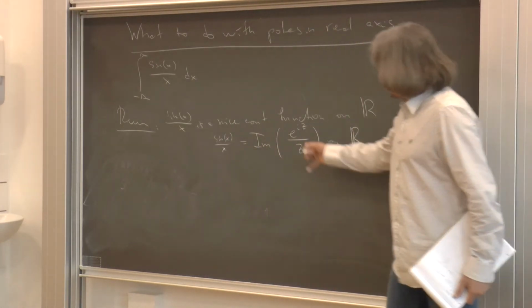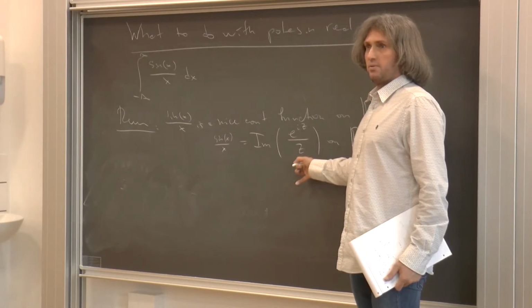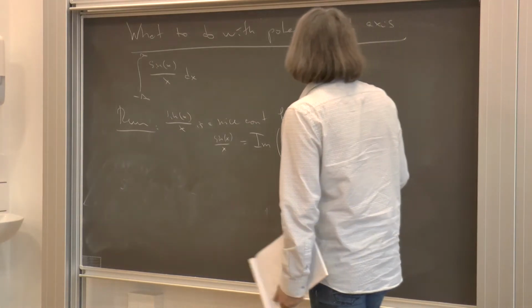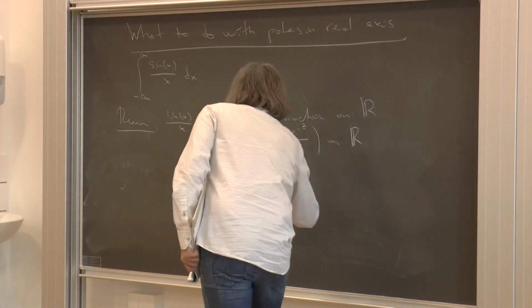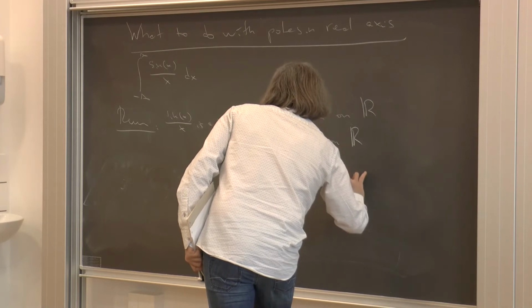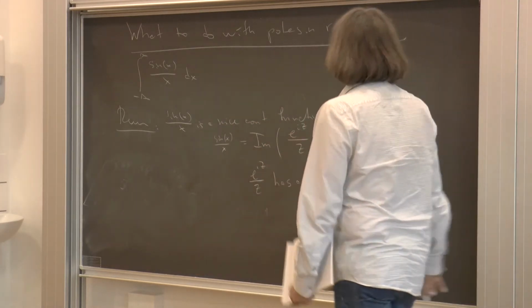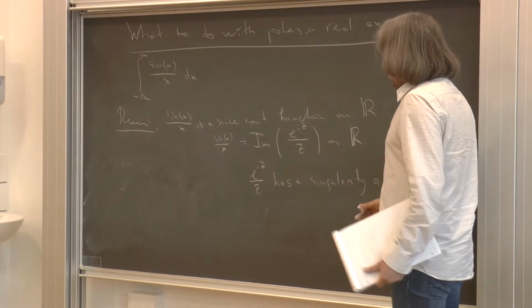Now this function has a pole at 0. I mean, it's obvious because e to the i z over z has a singularity at 0. So what to do?